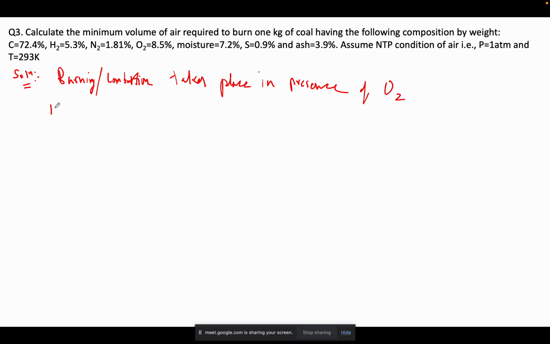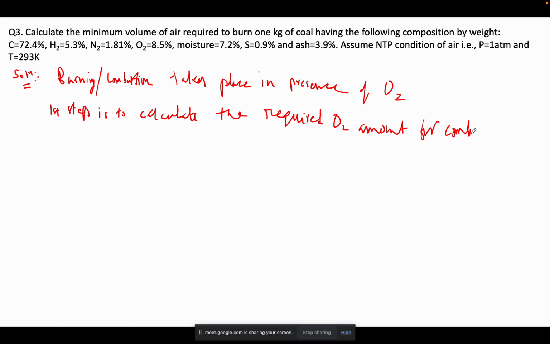So first step is to calculate the required oxygen amount for combustion. Okay. So what is the required amount of oxygen that is required for combustion?